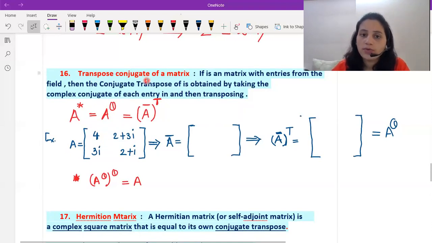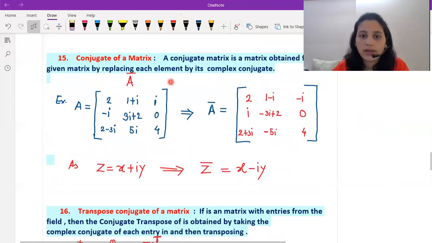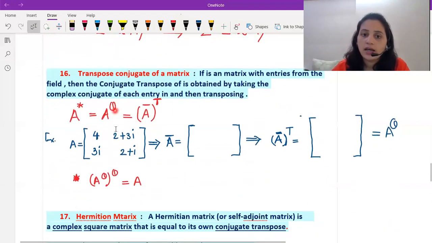So first we have to find out the conjugate of the matrix by this procedure, and after obtaining that conjugate matrix, we have to transpose that matrix, and then we will get transpose conjugate of a matrix. Okay, first step we have to find out the conjugate matrix and then find out the transpose of that conjugate matrix. Then we will get this A theta, because transpose conjugate of a matrix is represented by A raised to theta or A star, or you can say A bar raised to T or dash.